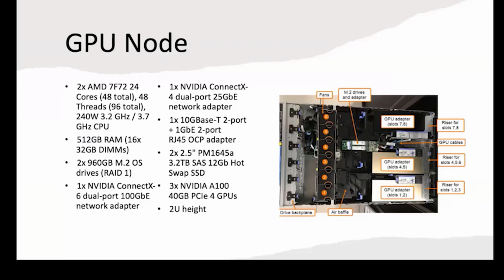But the important thing about the GPU node is these NVIDIA A100 GPUs. Each of the servers has 3 of these adapter cards in it. So with the pair, there are 6, and this is a very substantial amount of compute capacity. It really makes your AI and your machine learning applications fly.